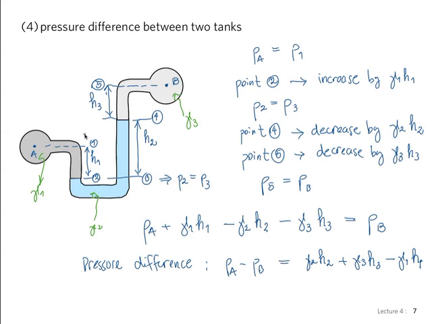Again, we could have that the gauge fluid is much heavier, and we could find that if these other ones are gases, we can basically neglect all of these guys. We can neglect this and make this approximately equal if gamma 3 and gamma 1 are small, for the case of gases.